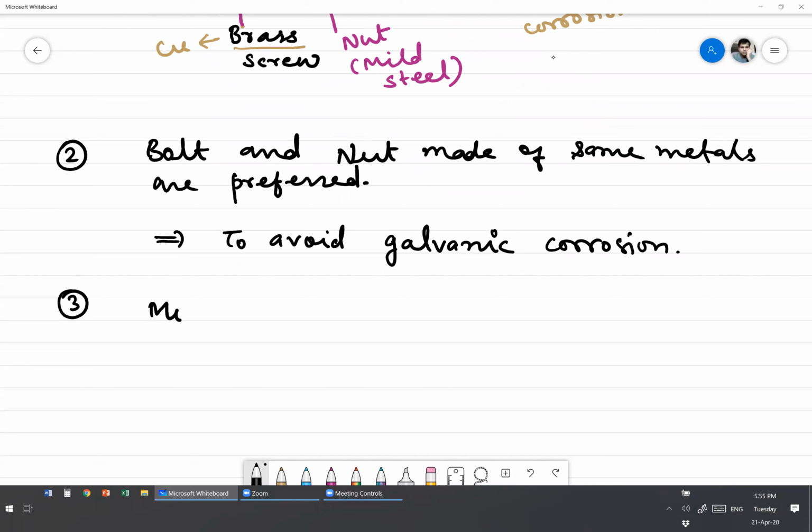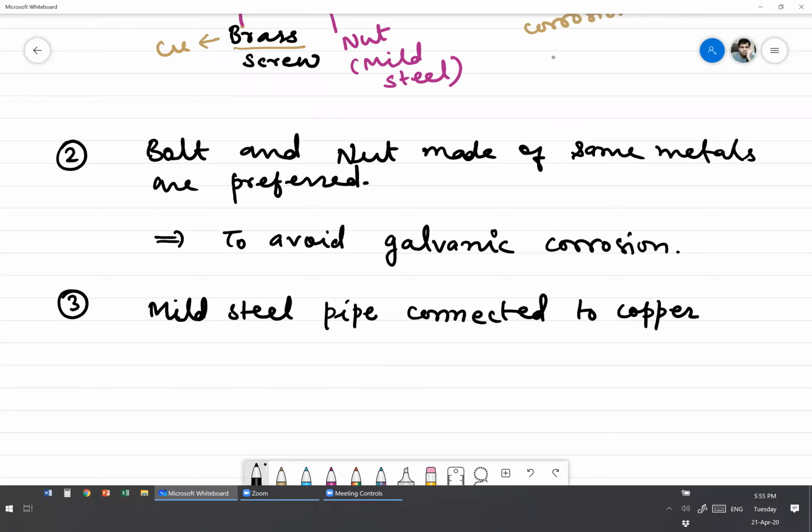So when you have mild steel pipes connected to copper plumbing, they get corroded easily. Mild steel pipe connected to copper plumbing corrodes easily.